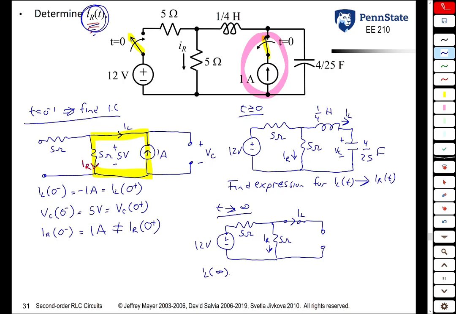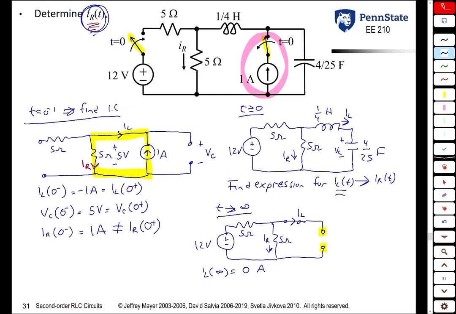IL of infinity is 0 amps because of the fact this capacitor is a DC open circuit. Note that we do not need to find VC of infinity or IR of infinity because we're solving for IL now. That's the only thing we need to know at infinity.